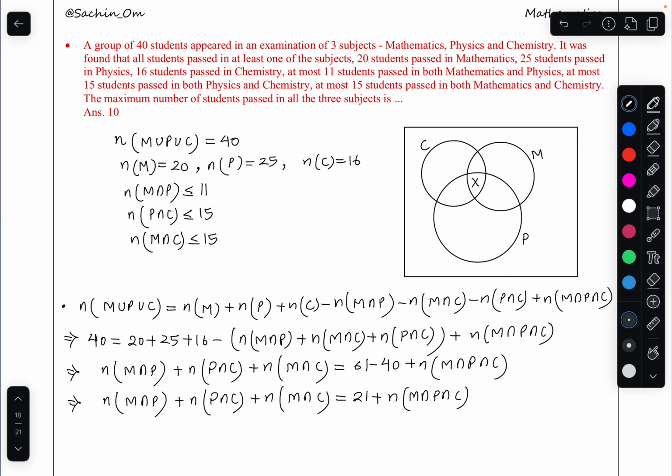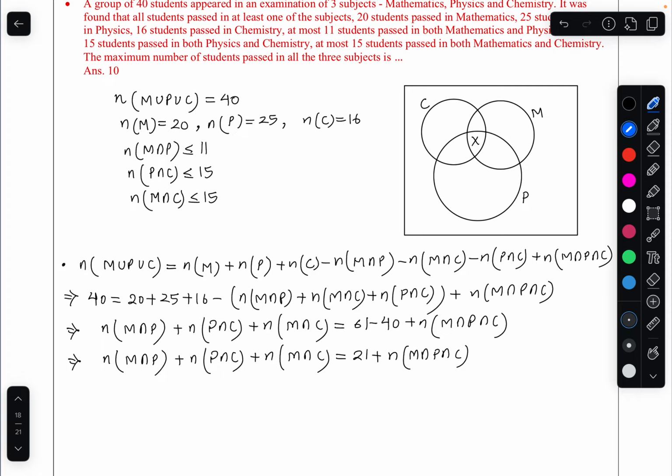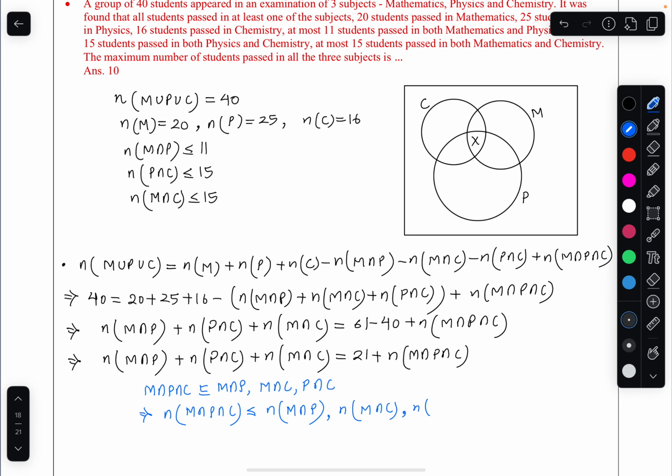Just like in the last question, I had mentioned the intersection of M, P and C is a subset of M intersection P, M intersection C, P intersection C. So the number of elements in M intersection P intersection C is going to be less than or equal to the number of elements in M intersection P, M intersection C, P intersection C, which means it is less than or equal to 11.